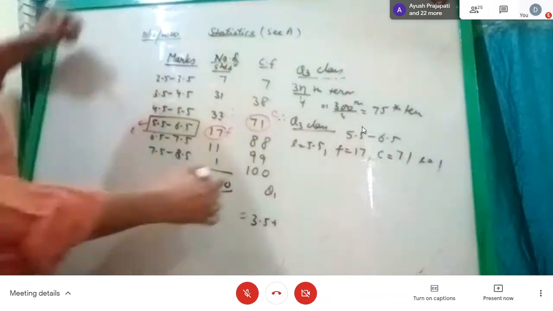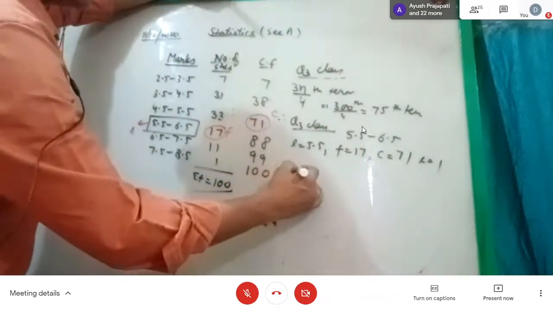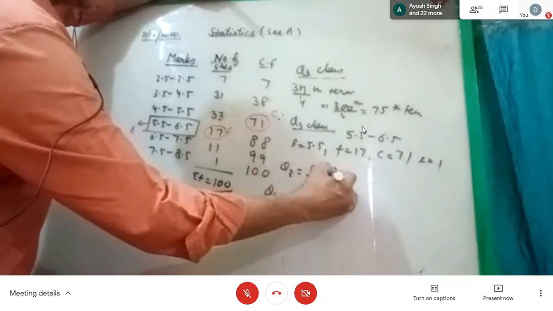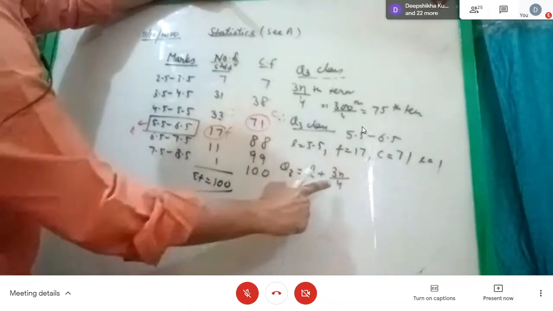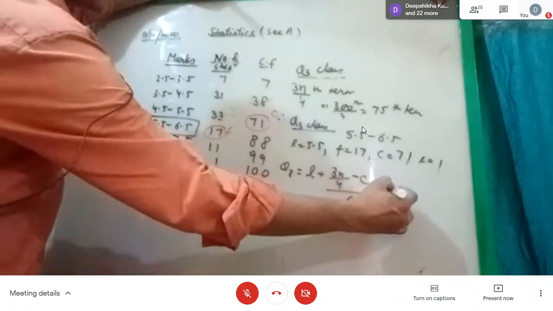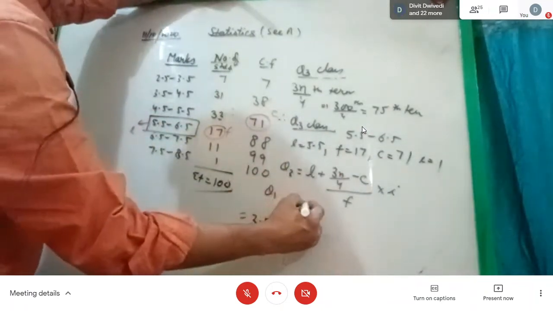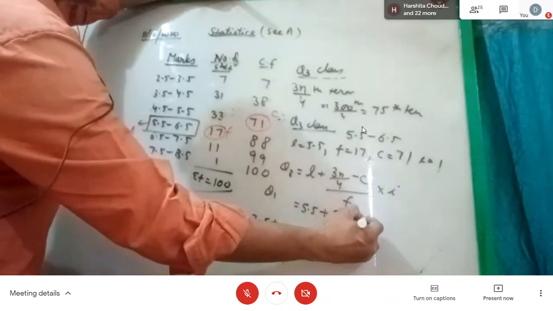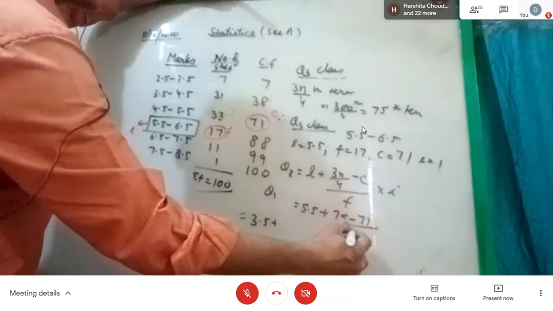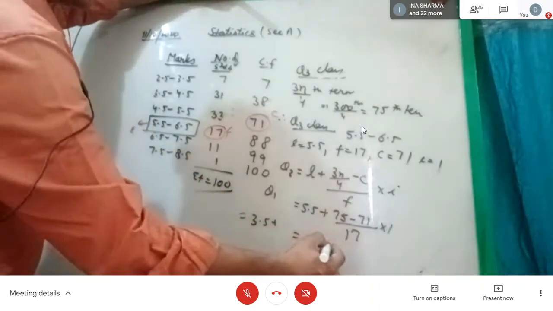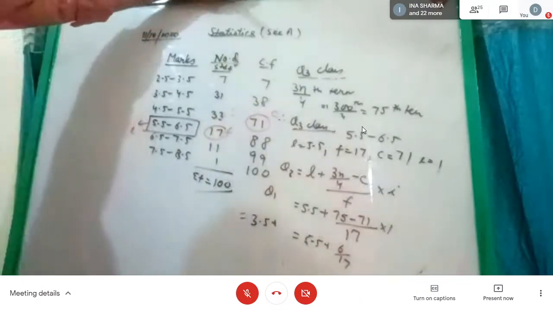The Q3 formula will become L plus 3N by 4 minus C upon F into I. This is 5.5 plus 3N by 4, which is 75, minus C, C is 71, upon F, F is 17, into I is 1. What we get is 5.5 plus 4 upon 17.